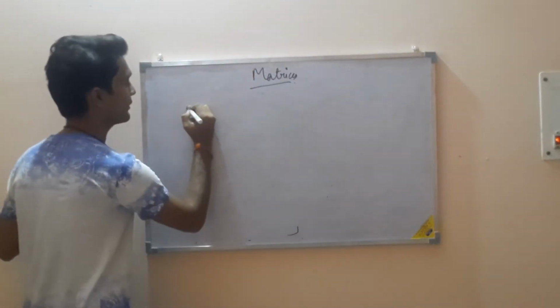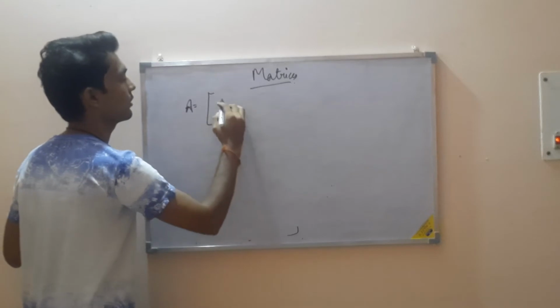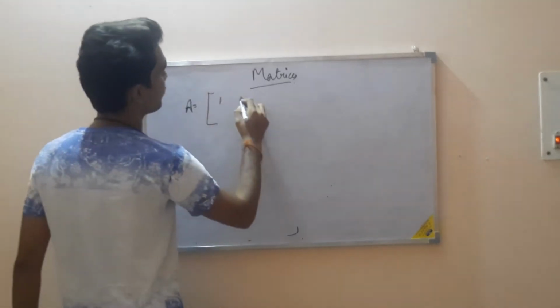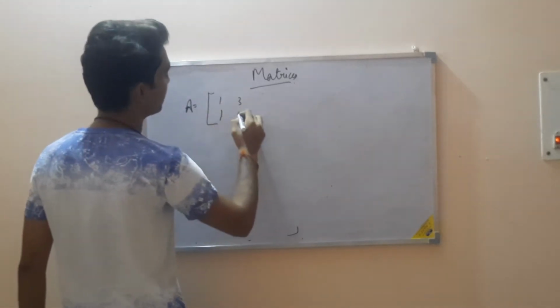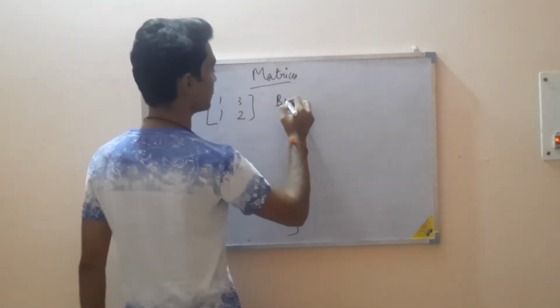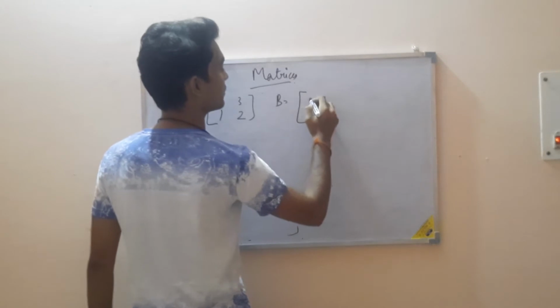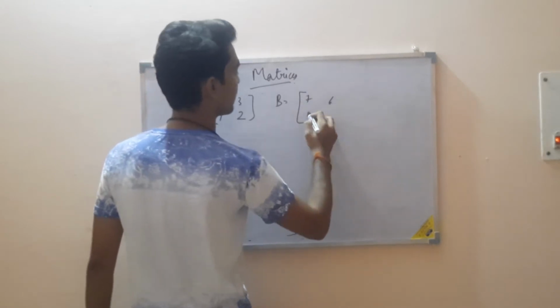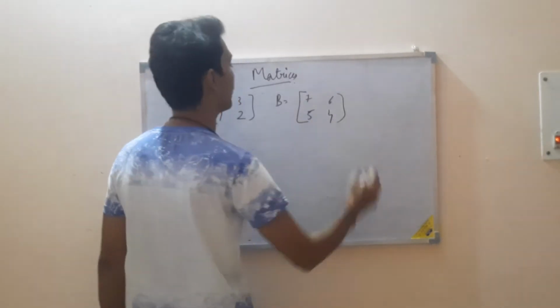Let's take another matrix. A is equal to [1 3; 1 2], and B is equal to [7 6; 5 4].